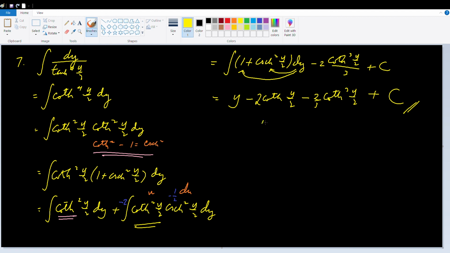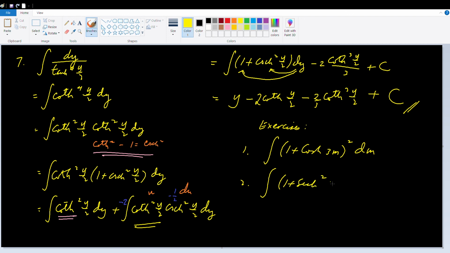Okay, will you work on the following numbers? The integral of 1 plus hyperbolic cosine of 3m, squared, dm; the integral of 1 plus hyperbolic secant squared 2r, squared, dr; and the integral of hyperbolic tangent cubed of alpha over hyperbolic secant to the fourth alpha d alpha.